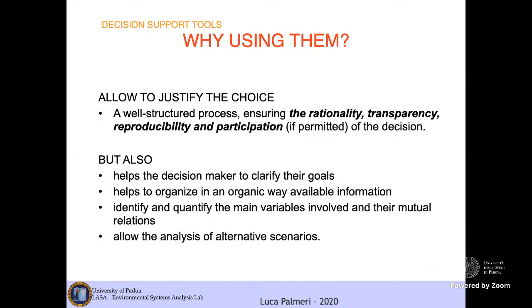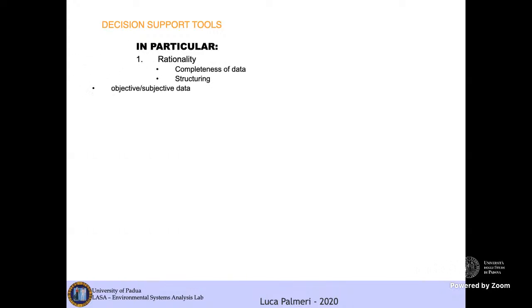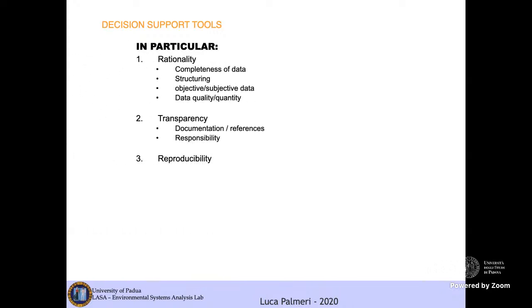But also, decision support tools help the decision maker to clarify their goals. It is a tool that may be used iteratively, helps to organize in an organic way the available information, and helps in identifying and quantifying the main variables involved and their mutual relationships. It allows the analysis of alternative scenarios, coming to a rational ranking of the possible alternatives. As I told you, it is the objective of a multi-criteria analysis.